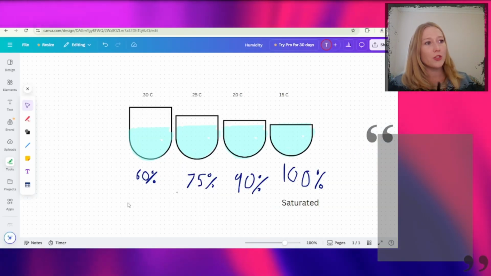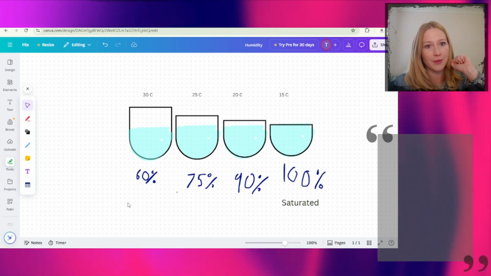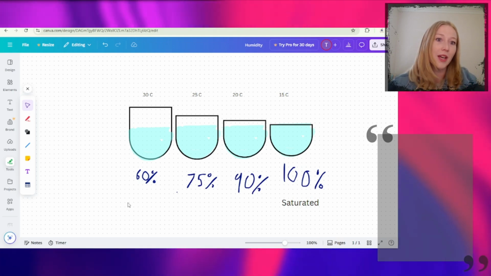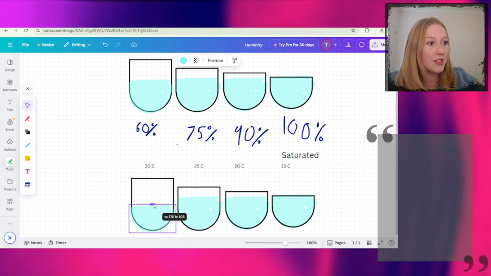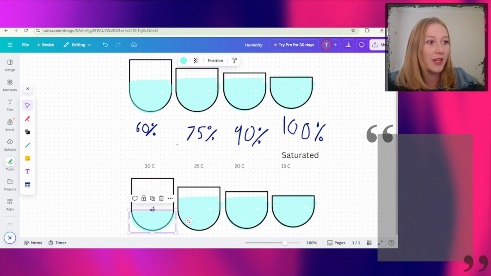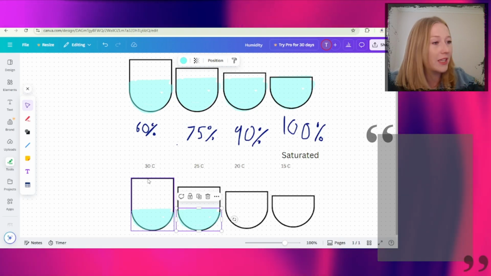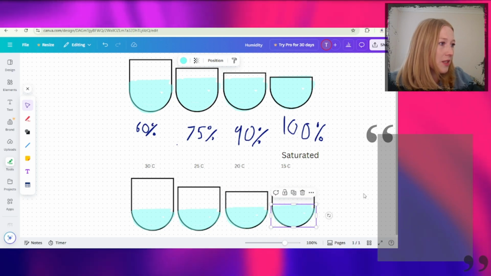But we assumed that it had this amount of water in it every time. I'm going to change the amount of water and we're going to see what happens. This time we are starting with less water over there. So the container is shrinking because it's getting colder. The relative humidity is increasing.